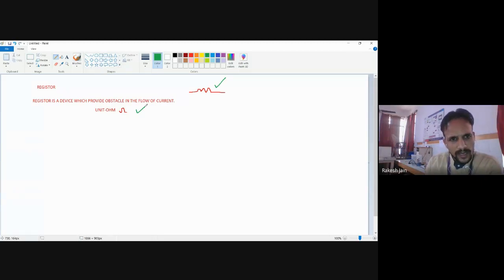Now, as I told you, the name of the topic is resistance in series and parallel. First of all, I am going to teach you the meaning of resistance in series and the meaning of parallel. Then we will solve a numerical, and then we will see how to find out the value of resistance from the market when we purchase a resistor.